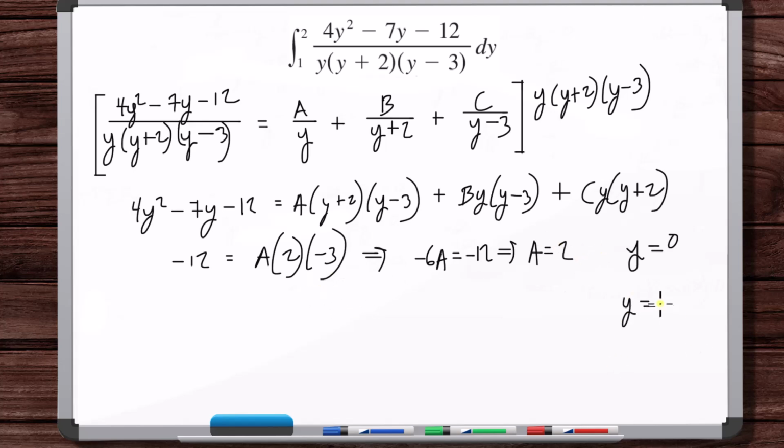When y is equal to 3, we've got 9 times 4 is 36. 7 times 3 is 21. Okay, so 3c times 5. So 36 minus 21 is 15. 15 minus 12 is 3.